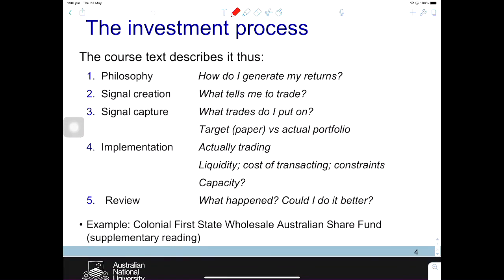Here's the so-called definition of investment process. So first of all, we have to define an investment philosophy. If it's an actively managed equity fund, how are we going to generate alpha? How are we going to outperform the benchmark? So the investment philosophy will state the ideas, the structure, the concepts the manager wants to follow to generate this alpha or outperform the benchmark.